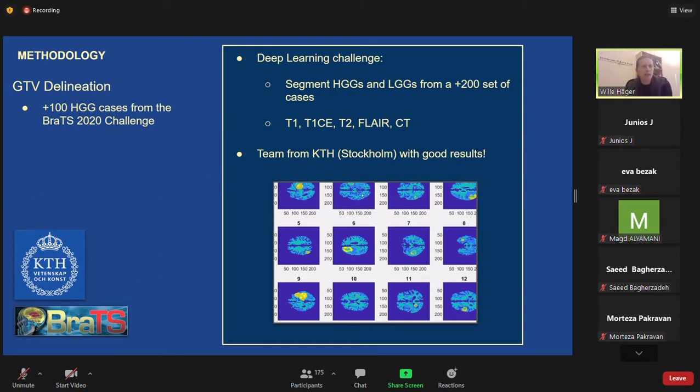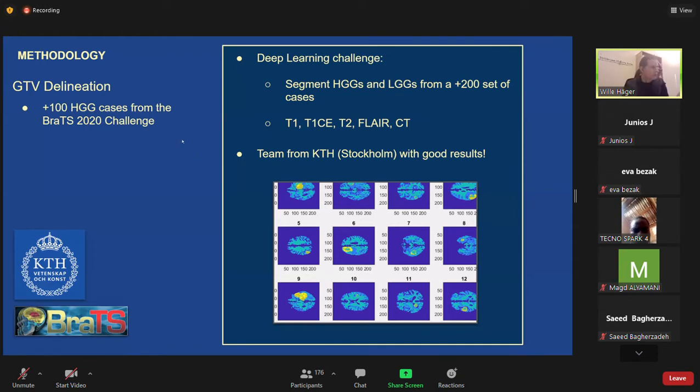We had a team here from KTH here in Stockholm, which had some really good results, and we got access to the data. The actual true value of the data was not given publicly, so we had to use this deep learning data. Basically, we got a bunch of segmented GTVs, which we thought had some good quality to them.